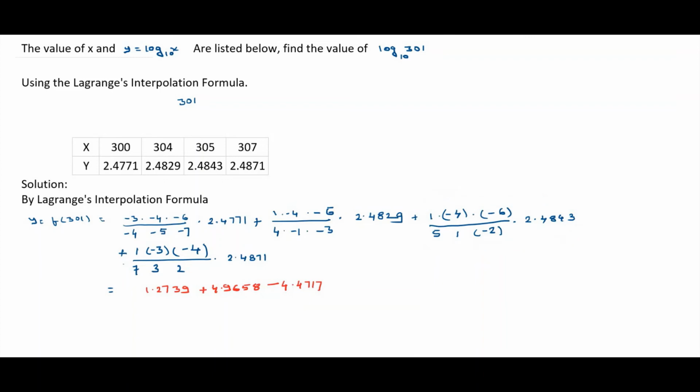And similarly, if you solve the last term, we get plus 0.7106. And at last, if you add these four values, you will get 2.4786, which is the required value of logarithm of 301 to the base 10, which is the value of f of 301.